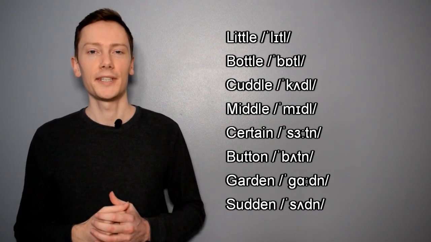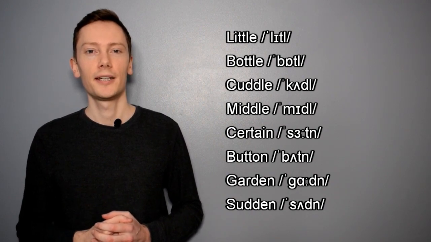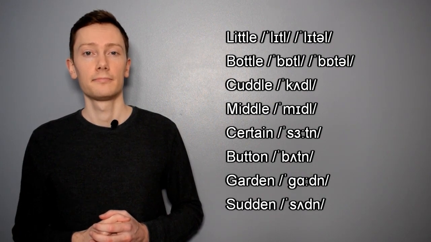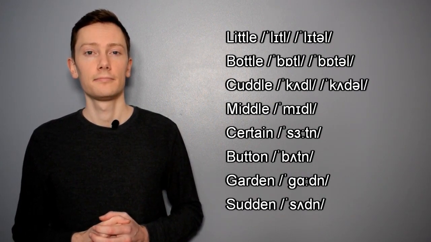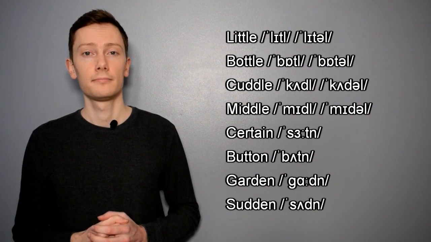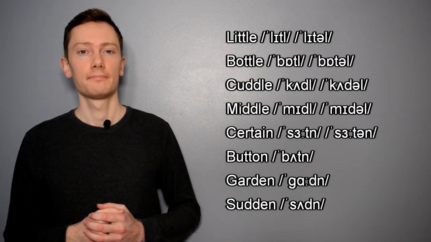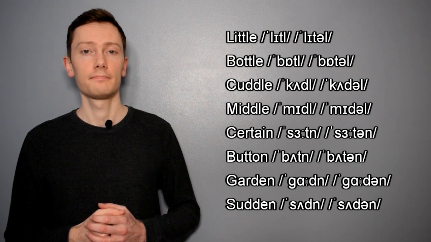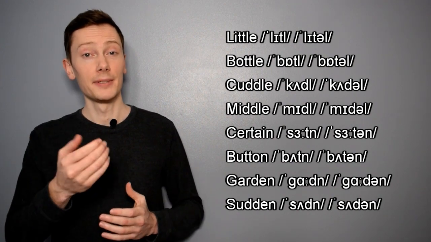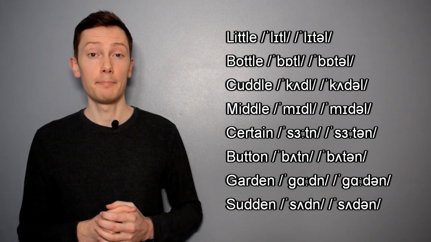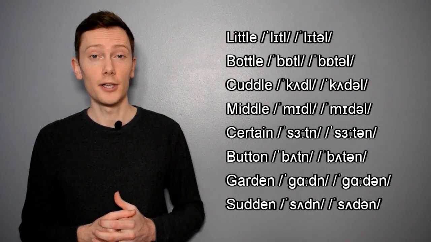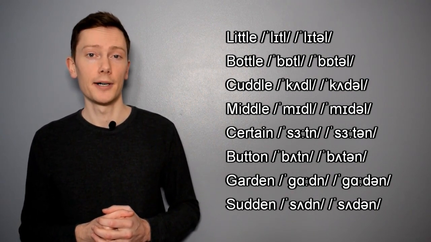So in modern pronunciation, these words are pronounced little, bottle, cuddle, middle, certain, button, garden, sudden. This means that modern pronunciation better reflects English spelling, and it's one reason why the schwa sound is more common today than in the past.